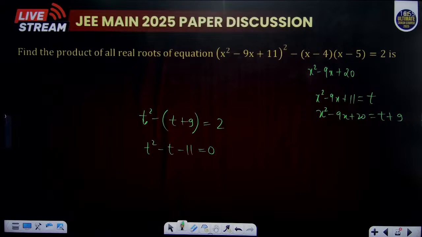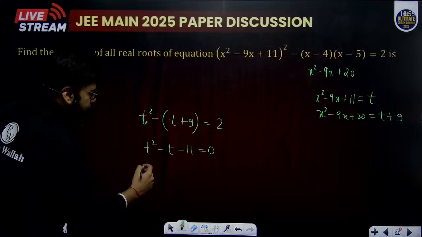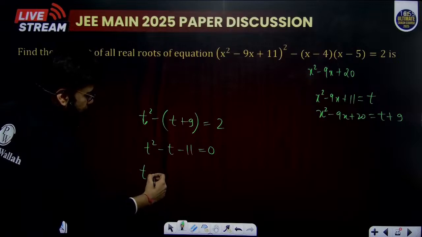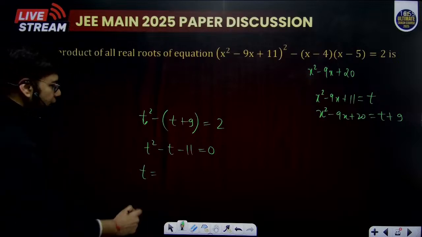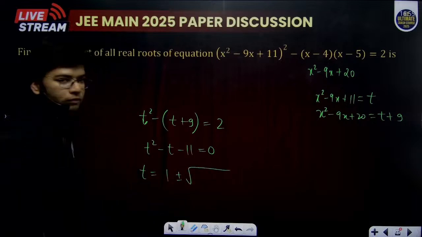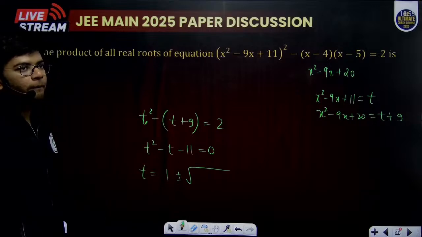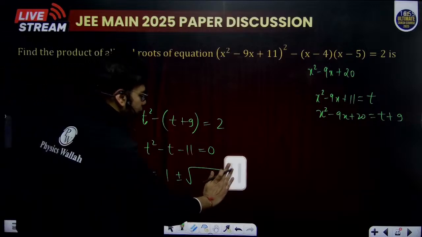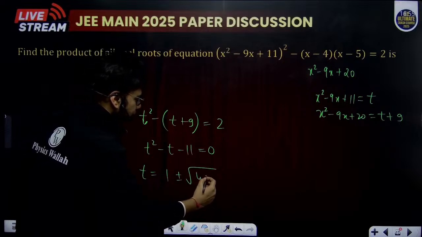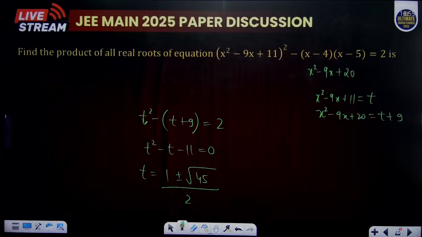Now let's try to find out the values of t. So t will be minus b plus minus under root of b square minus 4ac upon 2a. So I'll get 1 minus 4 into minus 11, which is 1 plus 44. So this will become root 45 upon 2. This is what I'm getting. What is the value of t?